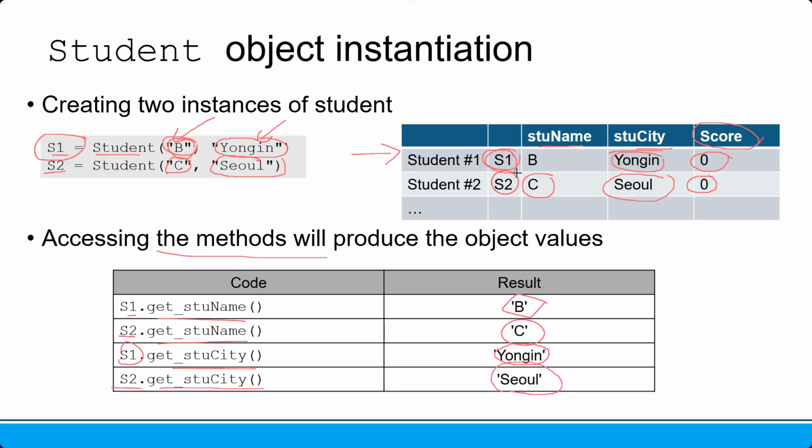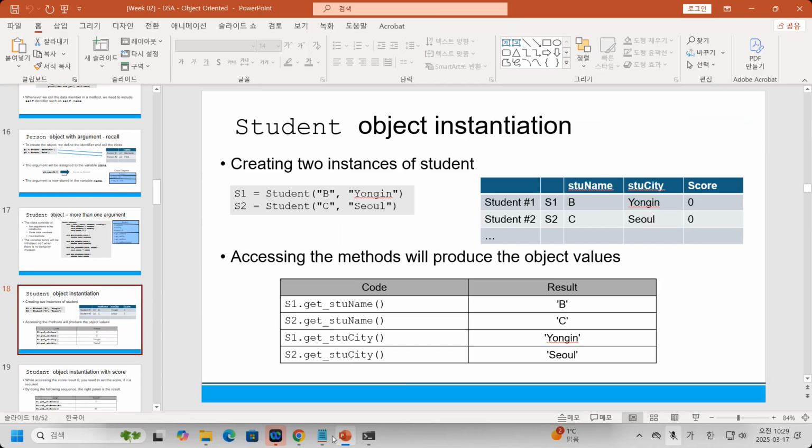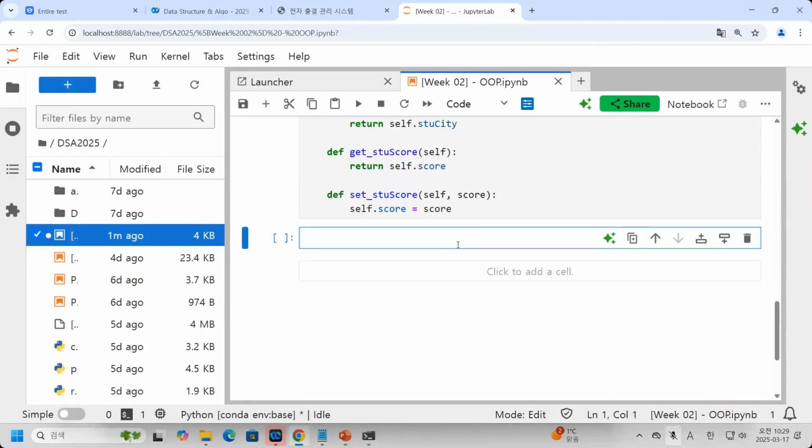Now let's see. S1 equals the class Student, and let me just put Bob. And then let's say the city is Yongin.